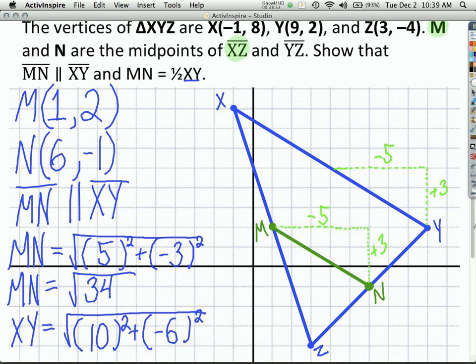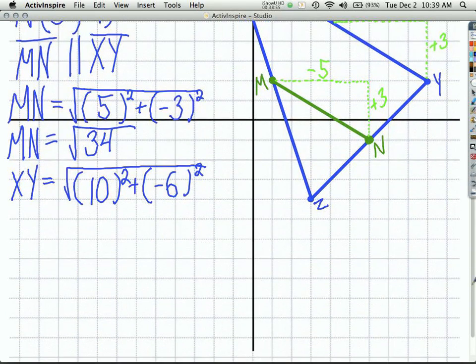And so we end up with xy being the square root of what? Come on, you got it already? What is it? Square root of 136.